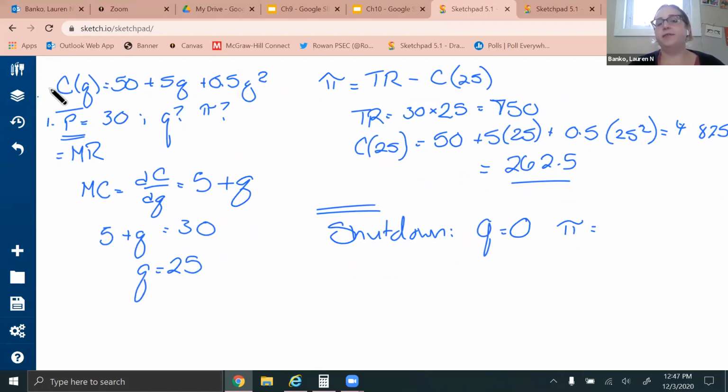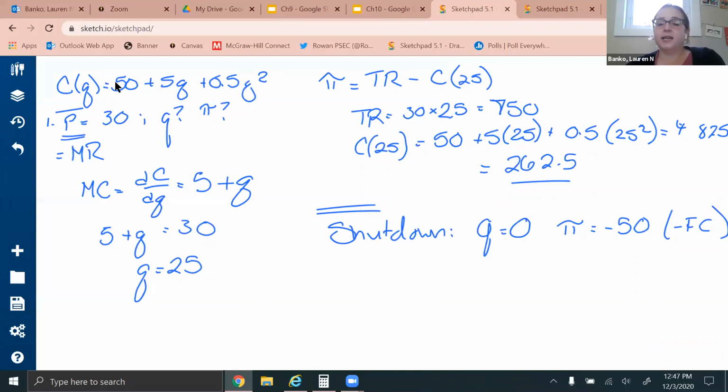And if we look at the cost of producing 0, these q terms all multiply out to 0, and we're left with just our fixed cost. In this particular case, it would be 50. So our profit's negative 50, or the negative fixed cost.